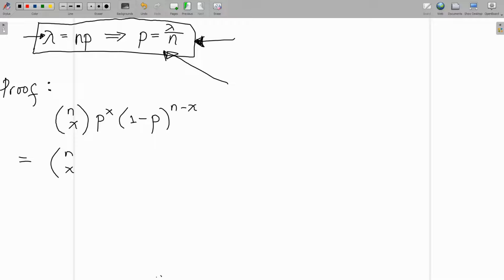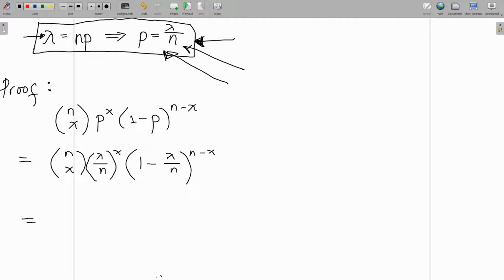So, we have n choose x, or n objects taken x at a time, times p, which is lambda over n, raised to x, times 1 minus, again, p is lambda over n, raised to n minus x.